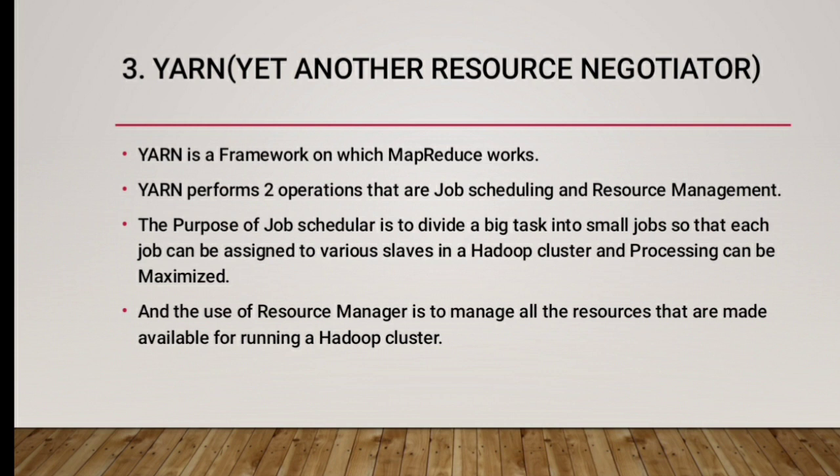The job scheduler also keeps track of which job is important, which job has more priority, dependencies between the jobs, and all other information like job timing, etc. And the use of the resource manager is to manage all the resources that are made available for running a Hadoop cluster.